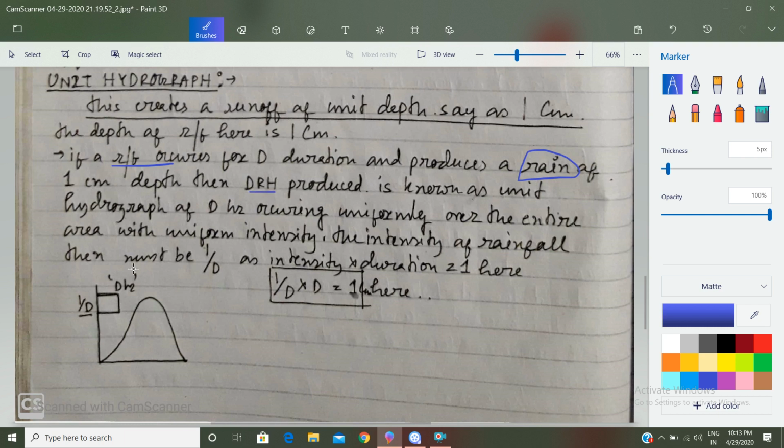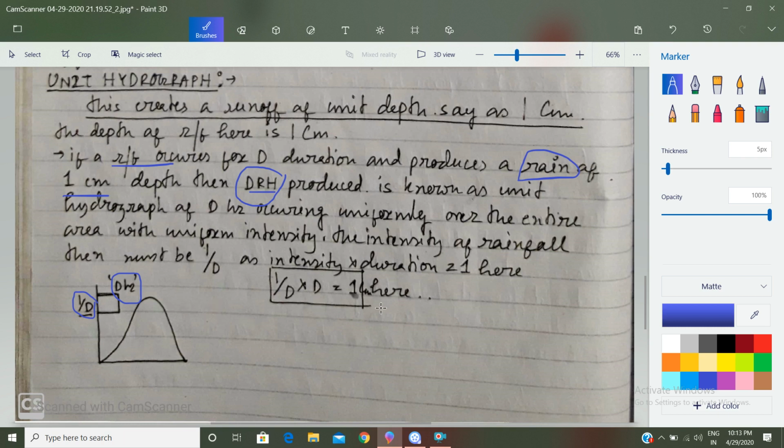The 1 centimeter DRH is known as a unit hydrograph, and the other DRHs are just DRH, not the unit hydrograph. You need to understand that. Now see what happens if a storm of D-hour duration occurred: the intensity of rainfall must be 1 by D centimeter per hour.